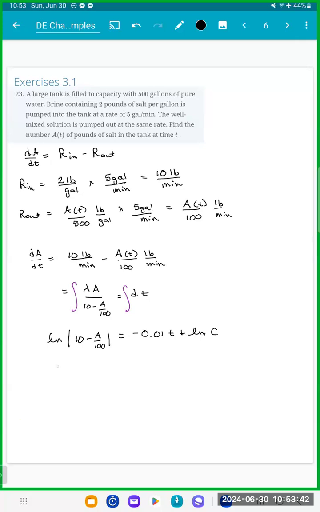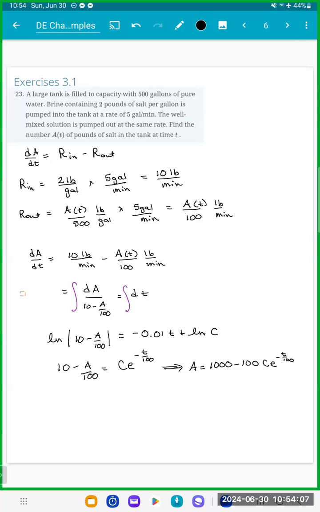Okay, so now just simplifying this out, we have 10 minus A over 100 is equal to c times e^(-t/100). That gives me that A is equal to 1000 minus 100 times c times e^(-t/100).